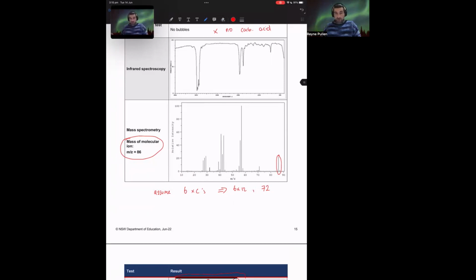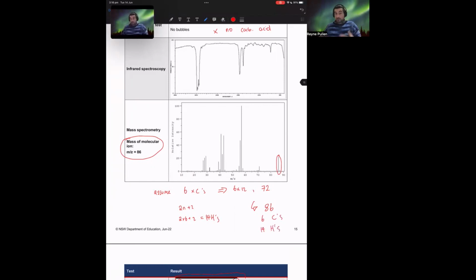The number of hydrogens that must be there with no double or triple bonds is 2n plus 2, so 2 times 6 plus 2 equals 14 hydrogens. If there are 14 hydrogens present, that means there's a mass of 14 associated with that. So our final mass would be 86, for 6 carbons and 14 hydrogens.